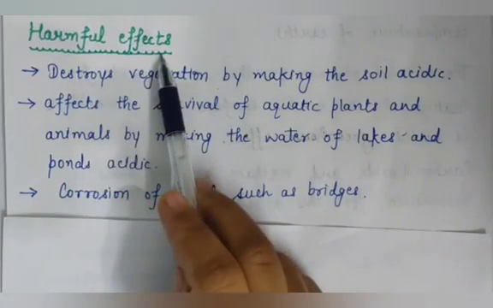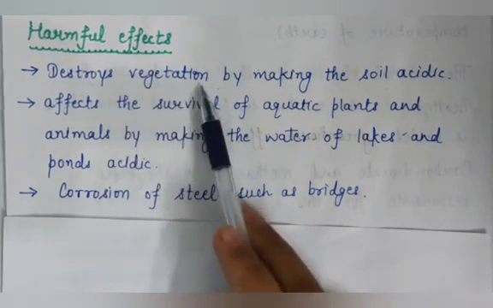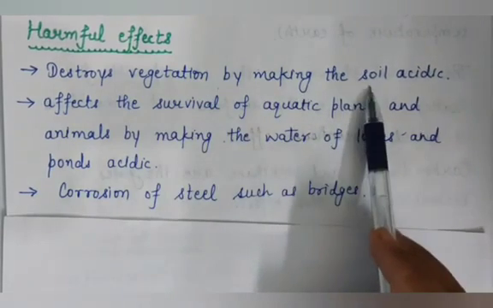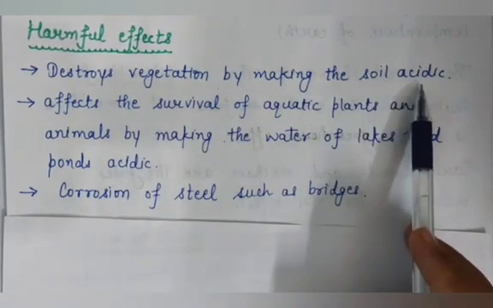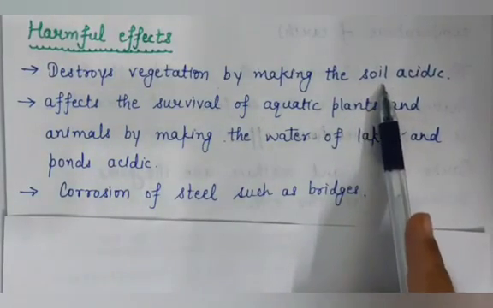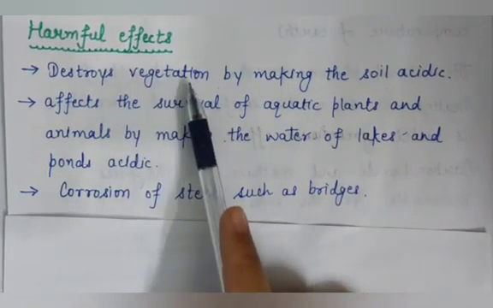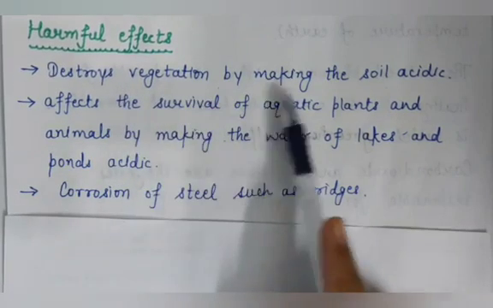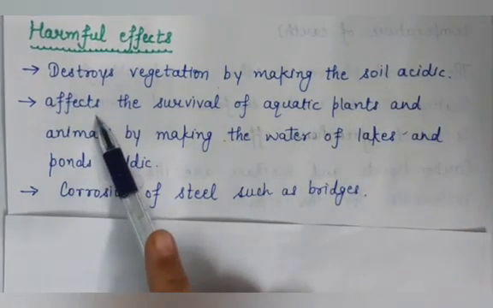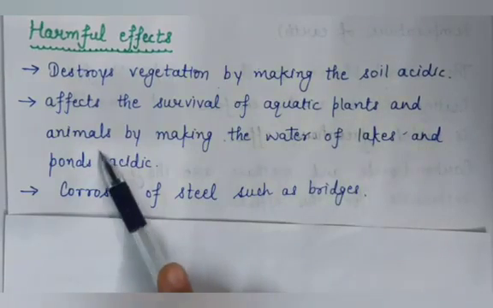Another harmful effect of acid rain is that it destroys vegetation by making the soil acidic. When acid rain falls down on the soil, it destroys the vegetation. Second, it affects the survival of aquatic plants and animals.